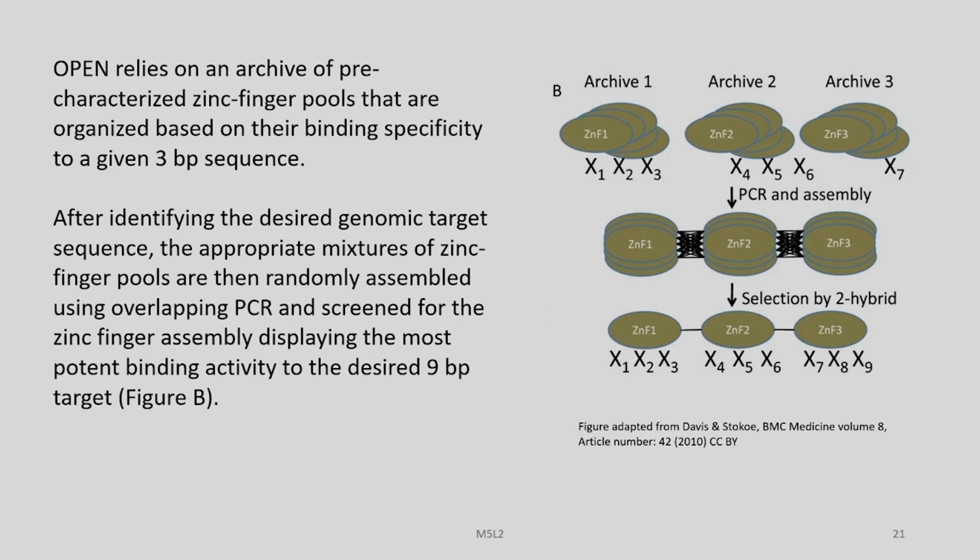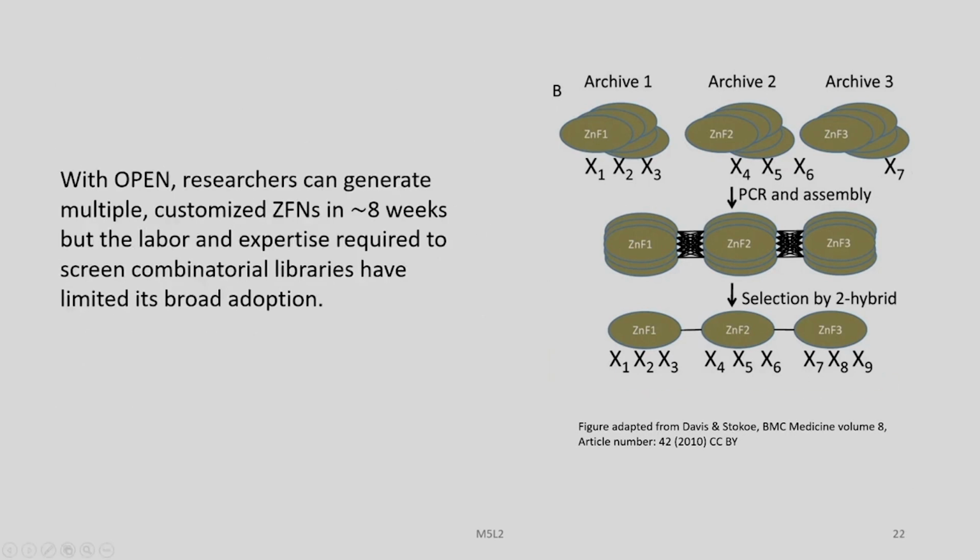So, here we have 3 archives 1, 2 and 3. So, we carry out PCR and assembly of the 3 modules, and we go for selection by two hybrid methods and obtain the desired 9 base pairs at the end of this process.